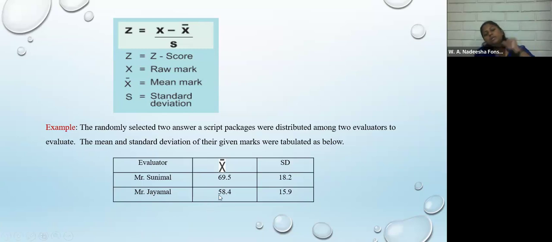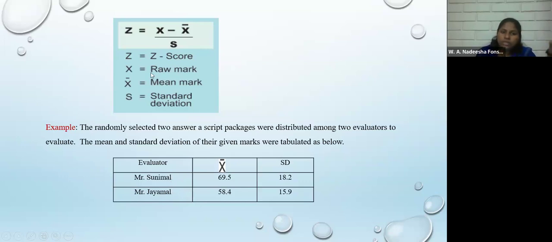We randomly selected two papers, and we saw that Sunimal gave 80 marks and Jaimal gave 70 marks for particular students. By looking at the raw marks 80 and 70, we can say that Sunimal's student is much cleverer than Jaimal's student.